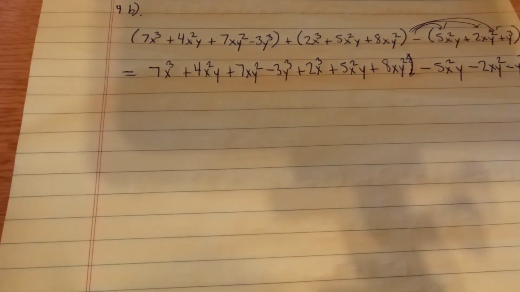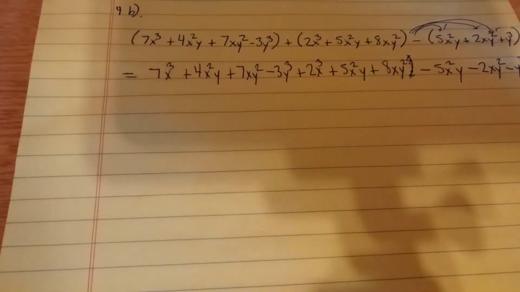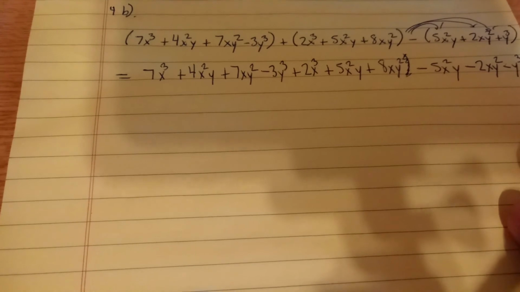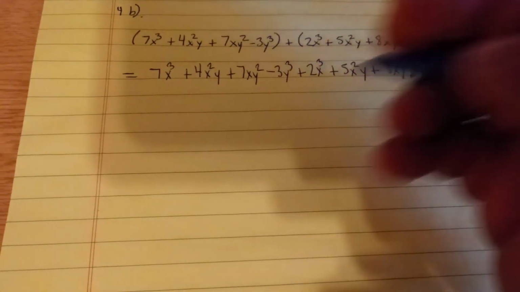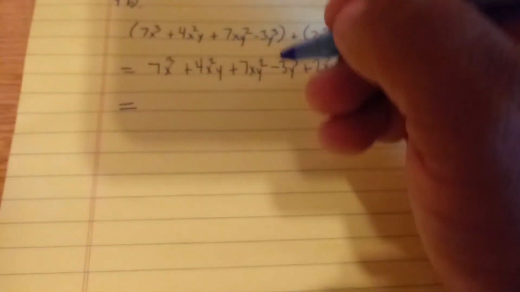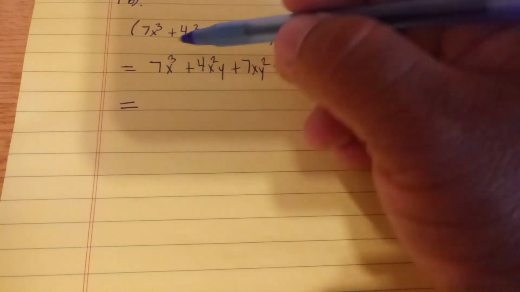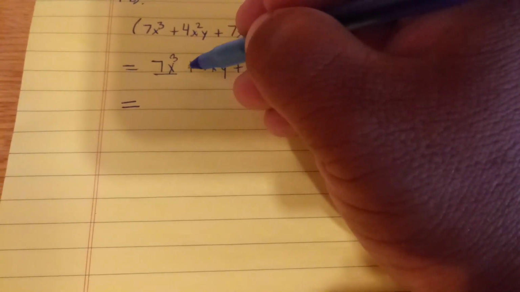So let's go ahead and get started. Since we're dealing with mixed variables here, we're going to go ahead and take a look at the very first one. And here the particular order really doesn't matter as long as you have all the items there. So get yourself a highlighter or underliner with a pen. In this case, we're going to go ahead and collect the ones that have the x to the third.